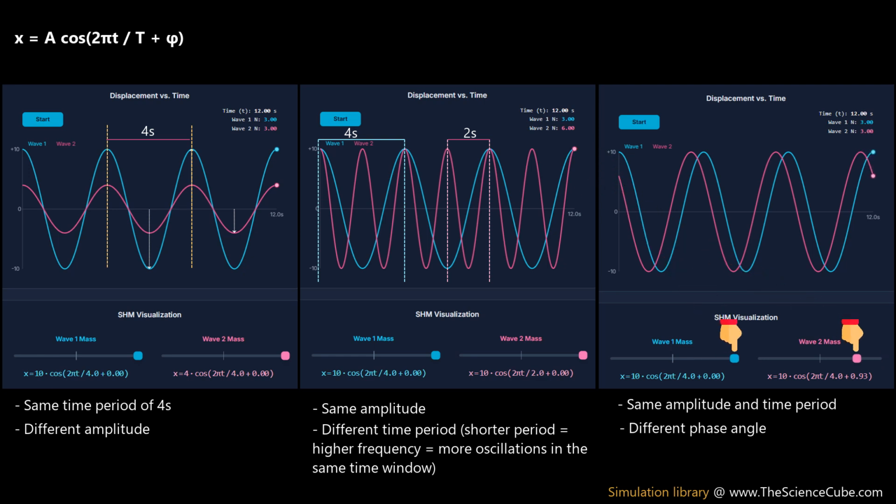So you see, this equation allows us to find the displacement at any instant for an oscillating mass in simple harmonic motion, and understanding the physical meaning of each term, that is amplitude A, angular frequency omega, and phase angle phi, is very important.